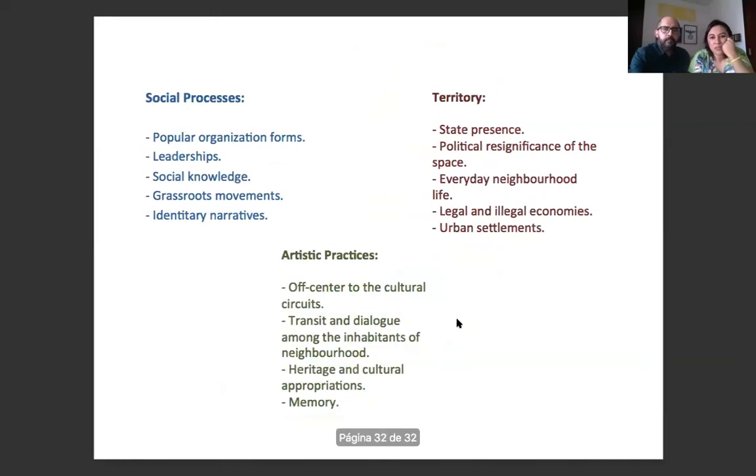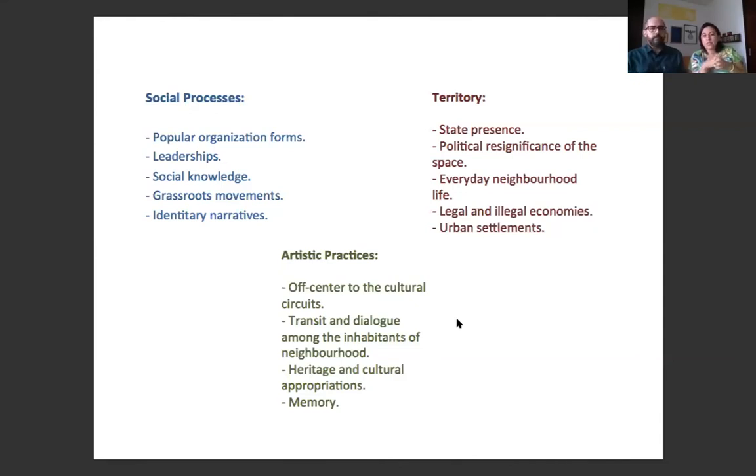Yes, it's like the idea. So what is the toolbox? The toolbox is some concepts or keys to think about these three areas, to take in consideration in the research process, but also in the experience of talking with people, to understand the specificity of the cases. So in the case of social processes, for example, a question that is very important for us is, what are the experiences of the popular organization forms in the territory?